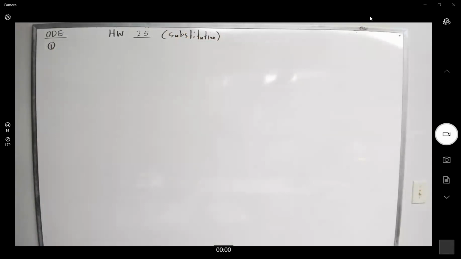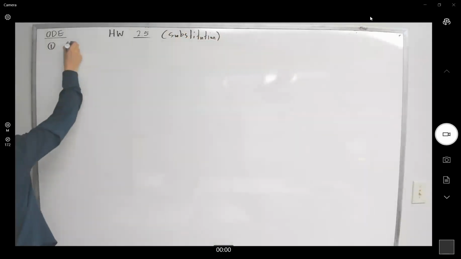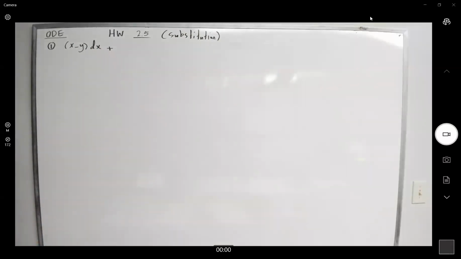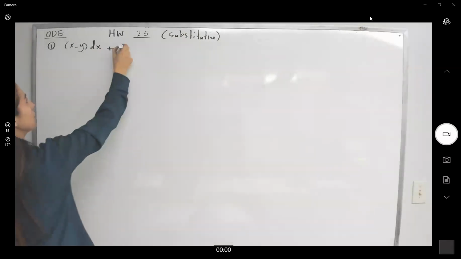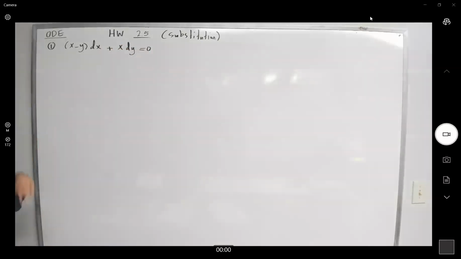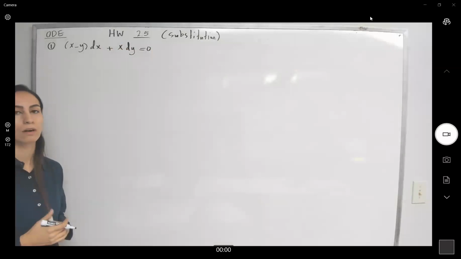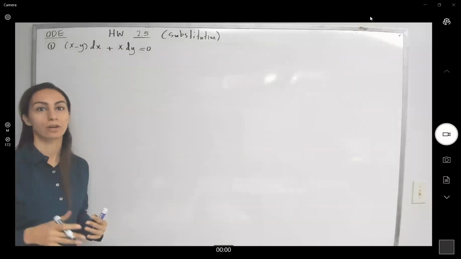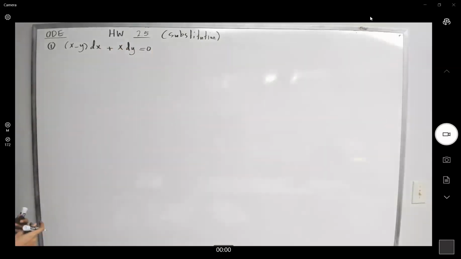So the very first question says, hey, you have (x minus y) dx plus x dy equal to 0. And the question says, hey, your differential equation is also homogeneous. So it satisfies the criteria to apply substitution method.